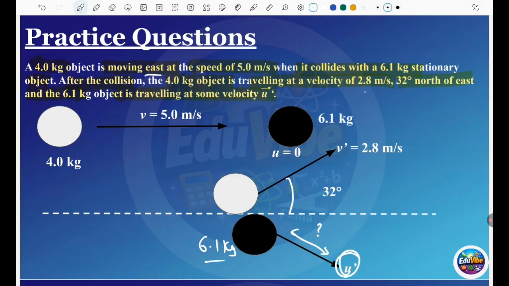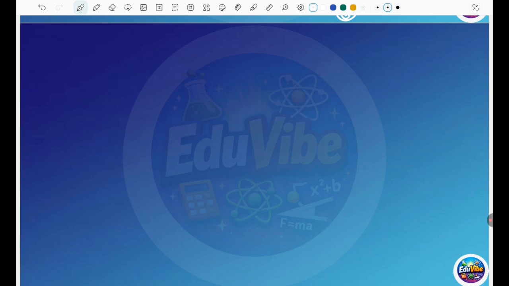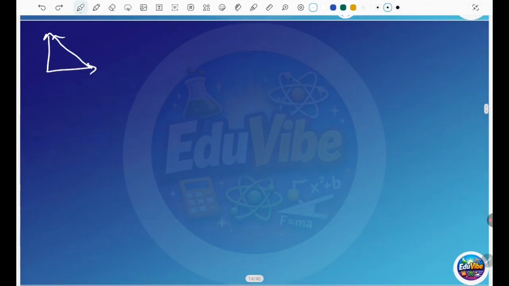They mentioned that we have 2.8 meters per second, 32 degrees north of east. Let's see what we can make from there. We have to make the vector diagram and start the question with this. We have a vector which is north of east, so this is north, this is our east, and this is our vector, with this angle of 32 degrees.